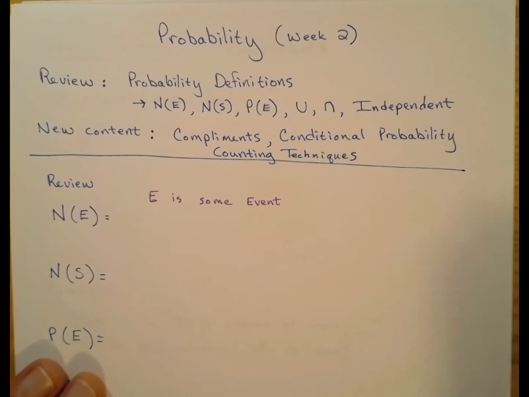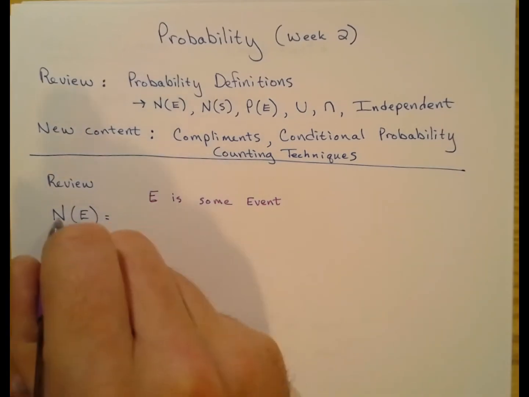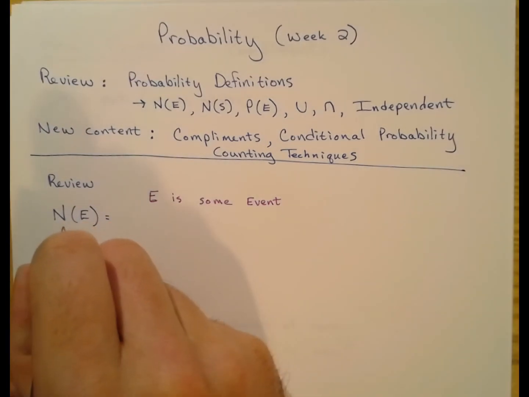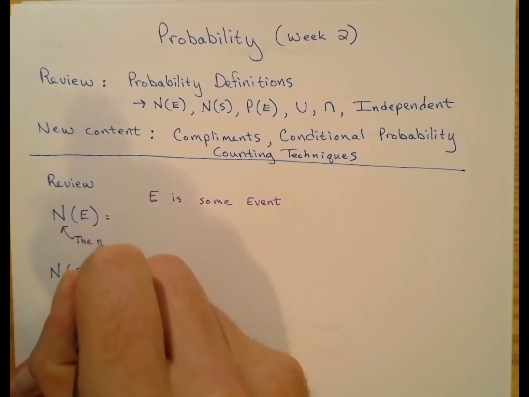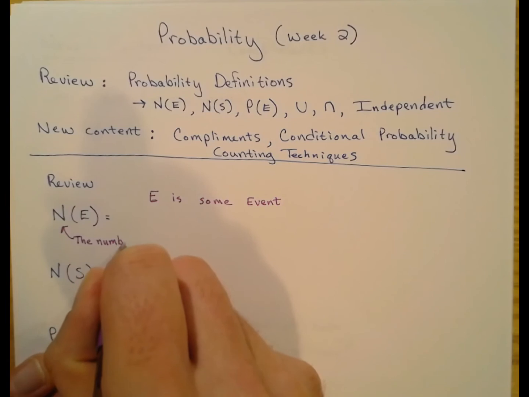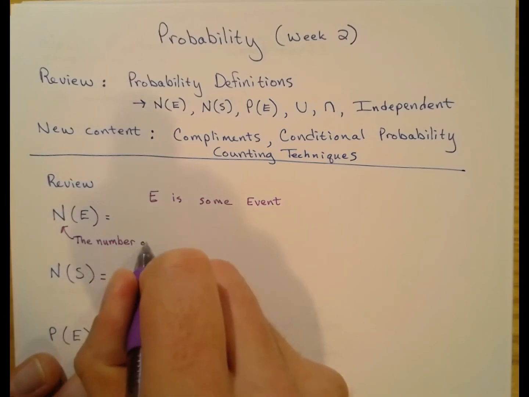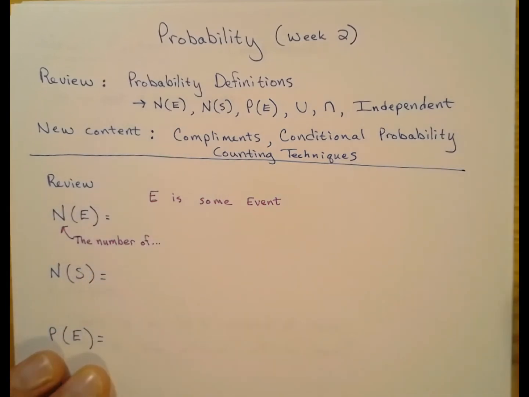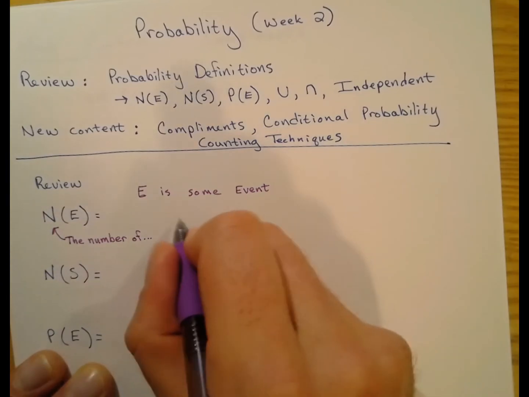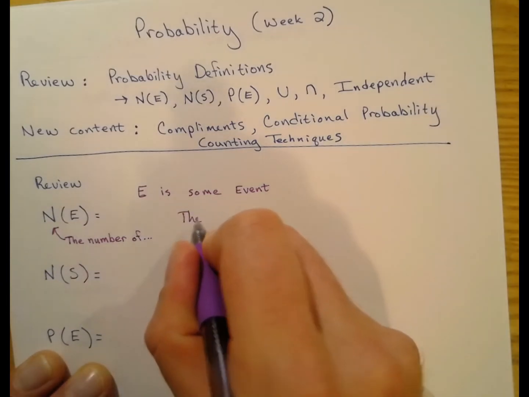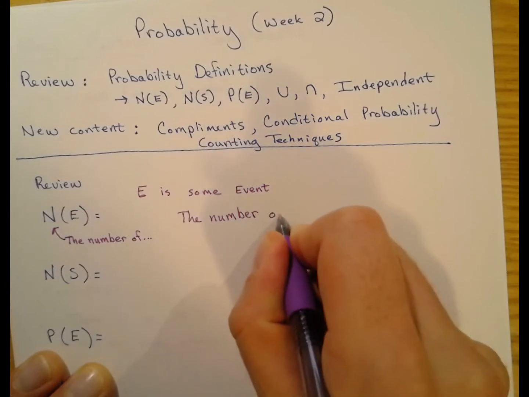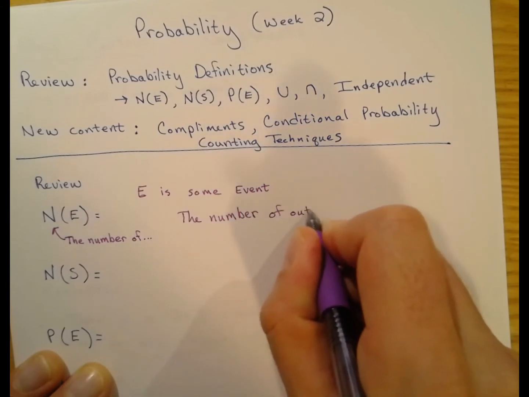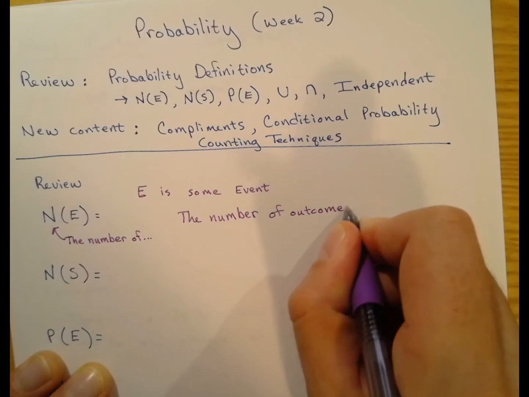So this N just means the number of. So this N of E is the number of outcomes in event E.